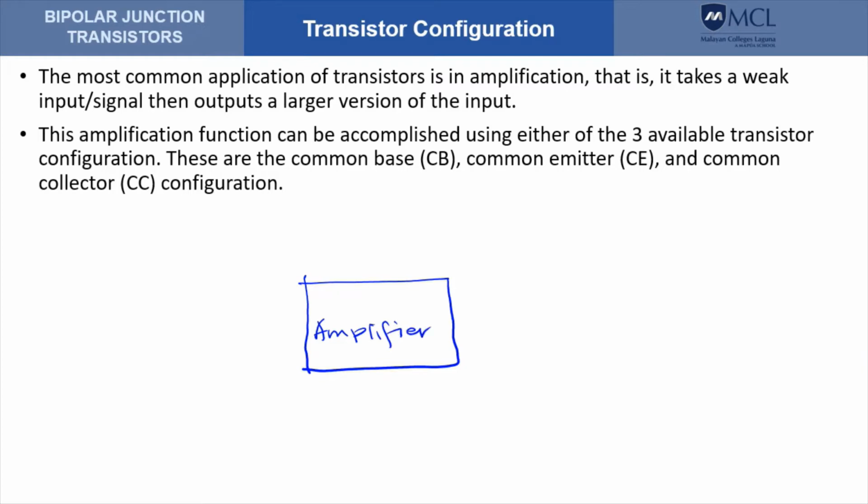This circuit takes a weak signal, and that signal is transformed into a larger version of the input signal. Now, amplification functions can be accomplished using three of the available transistor configurations. These configurations are called the common base, the common emitter, and common collector configurations.